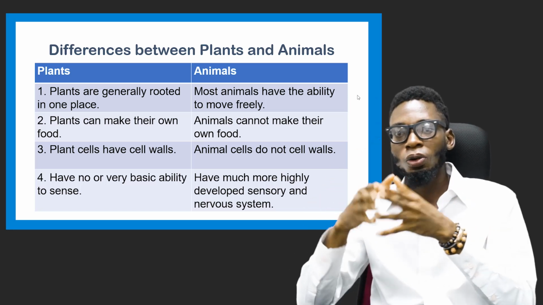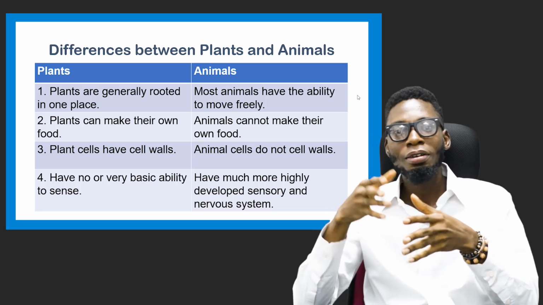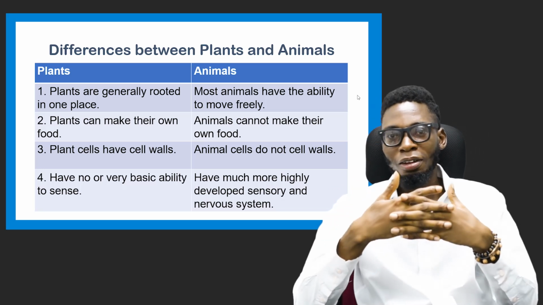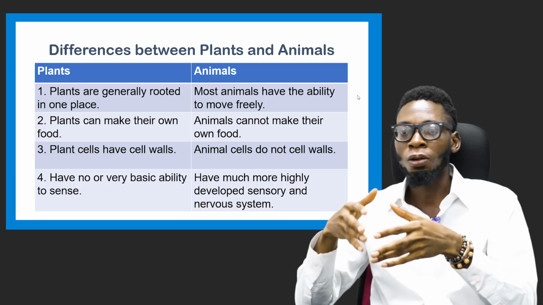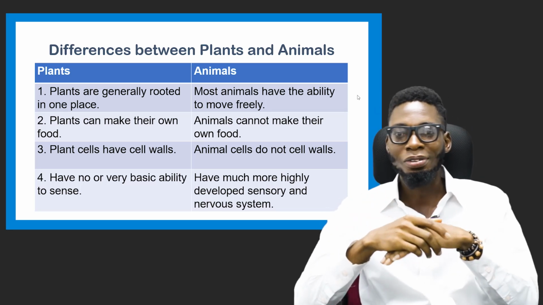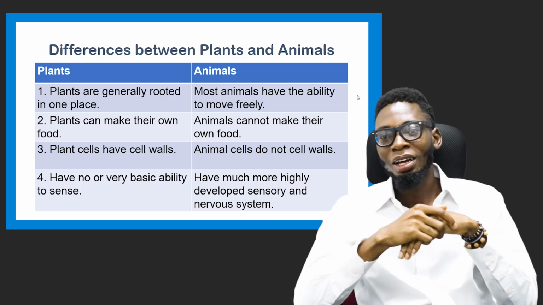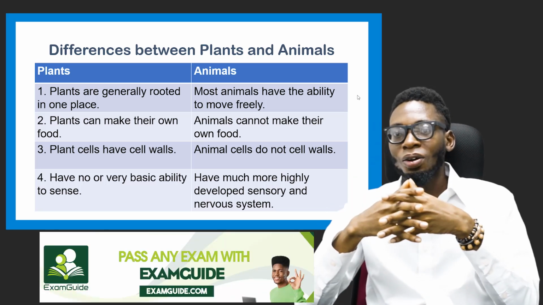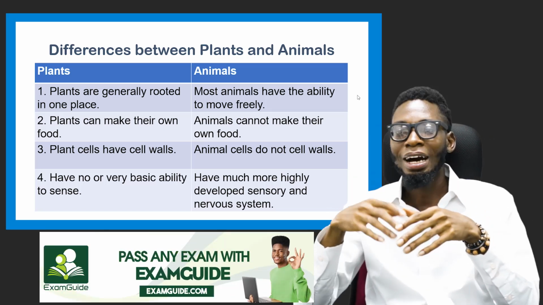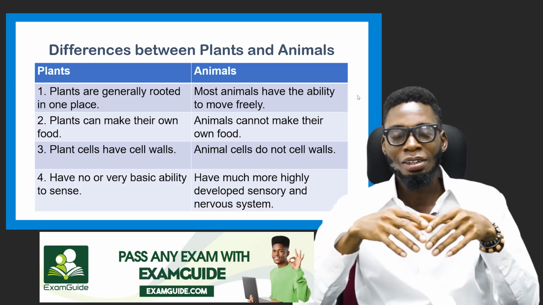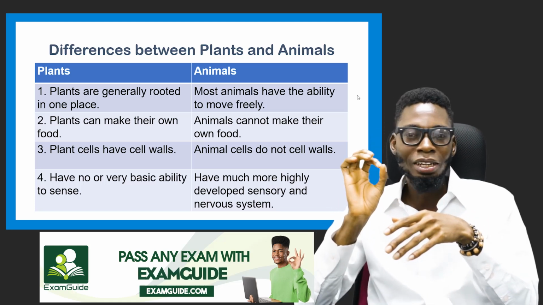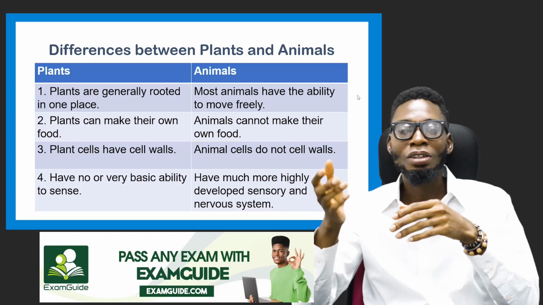All right. The third difference between plants and animals is that plant cells have cell walls. Like I said, all living things actually have cells. The cell is the smallest unit of life, the basic unit of life.